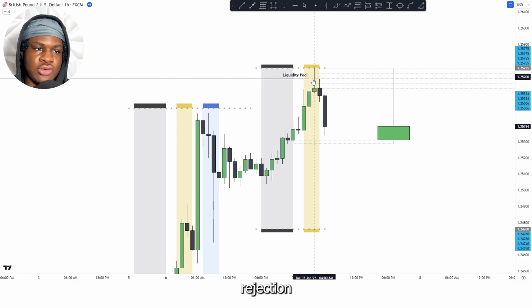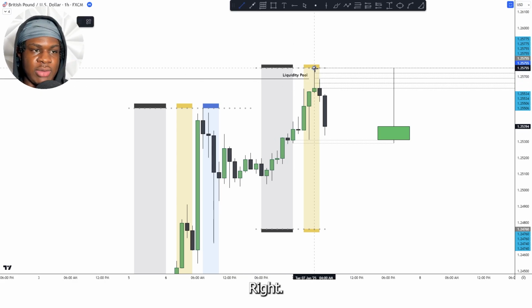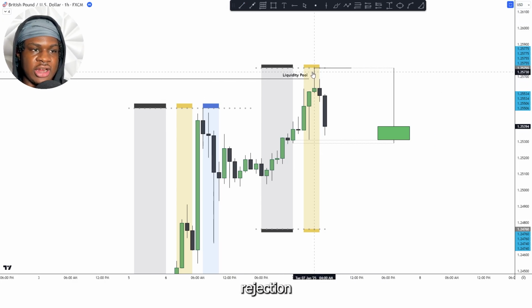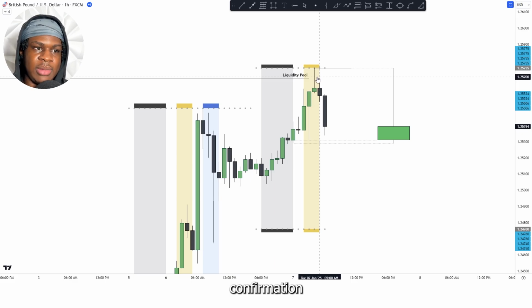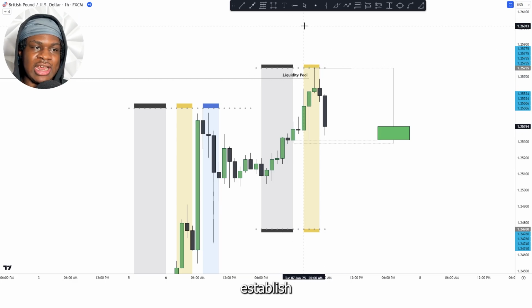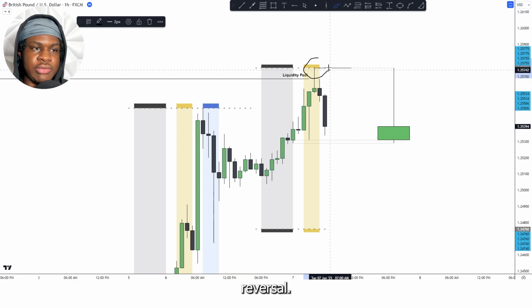So obviously this is a bearish confirmation that I usually look for when it comes to rejection wicks. We had this original rejection wick here tapping into this liquidity pool, and then we came up into that previous rejection wick around the 25%, not breaking back above this original high, right? As long as price does not break above this original rejection wick, this original high, this is a bearish confirmation that price has established a high here, and this is where we can establish this as our smart money reversal, right?